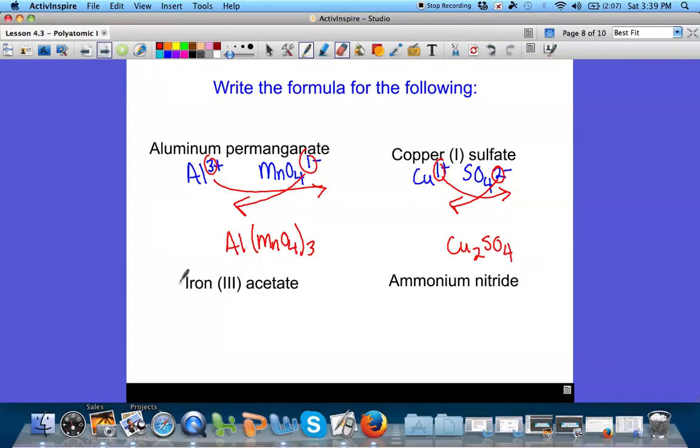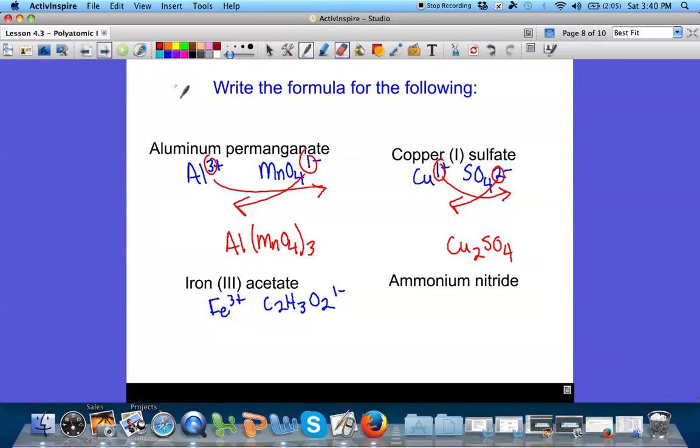Iron 3 acetate. Iron is going to be a 3+. Acetate is C2H3O2, and it's going to have a 1 minus charge.